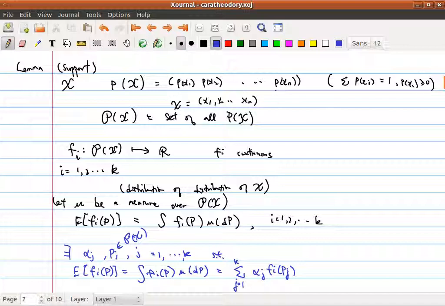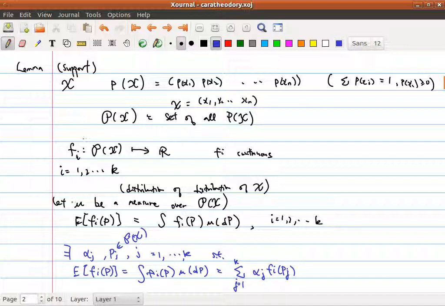Now, if I have some functions, let's say k functions f_1 up to f_k, such that they map the distribution of X to a real number. For example, this f_i can be an entropy function. So it's a function applied to the distribution of X instead of applying to X itself.